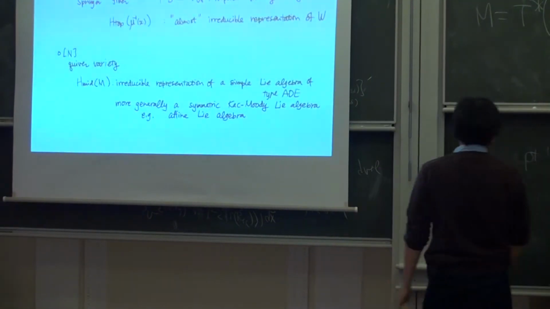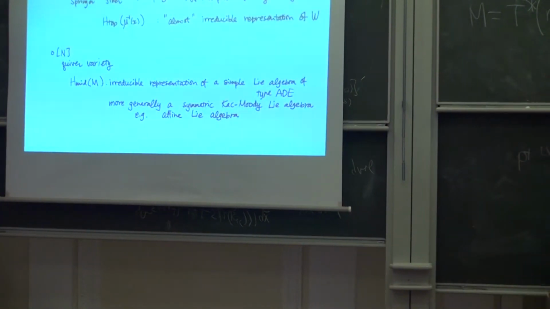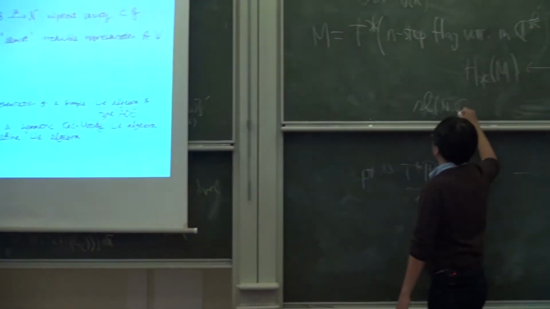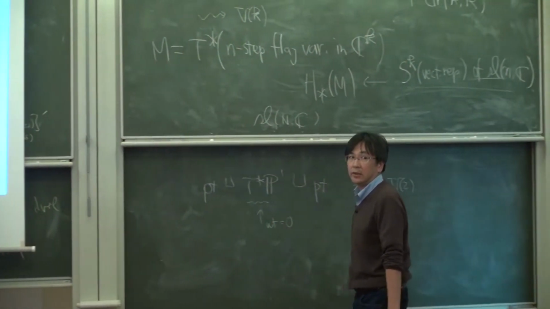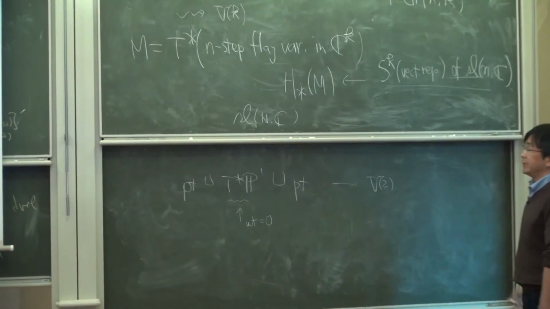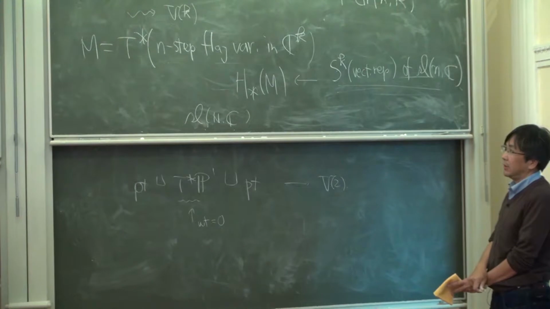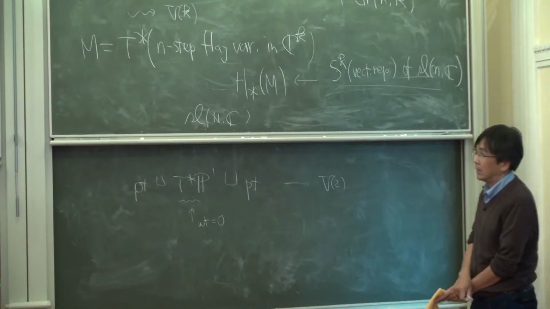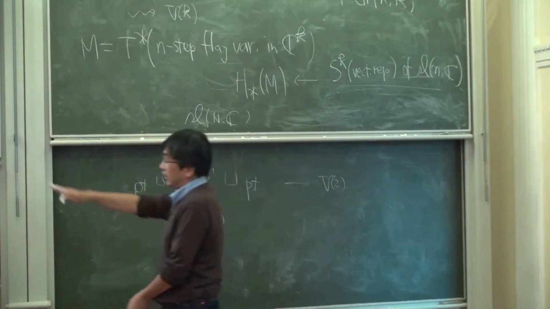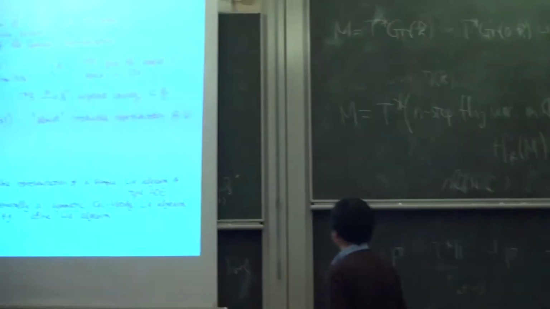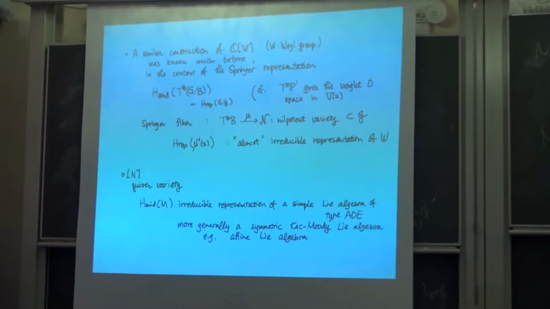Then, this covers only the Lie algebra sl_n(C). So this is the so-called type A Lie algebra. And the generalization to other Lie algebras is not at all obvious. And I introduced some variety, which is a generalization of this kind of n-step flag variety.